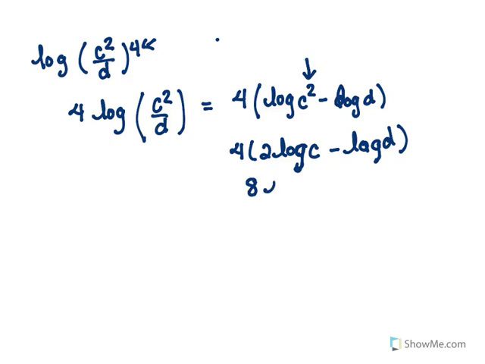So that becomes 8 log c minus 4 log d. All right. Let's do one more. This is a challenging one. I want to do this because it's very important that you recognize that your roots are also rational exponents.